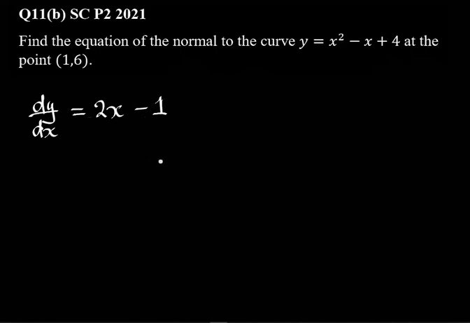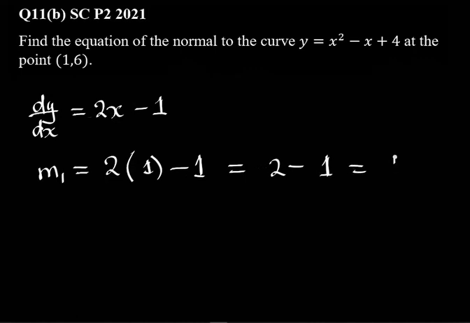It's going to give us the m of the tangent. Let's say that m is m1, which is equal to 2 at the point (1, 6). So x is 1. And if we evaluate this, it's 2 minus 1, which gives us 1. So the gradient of the tangent at this point is 1.